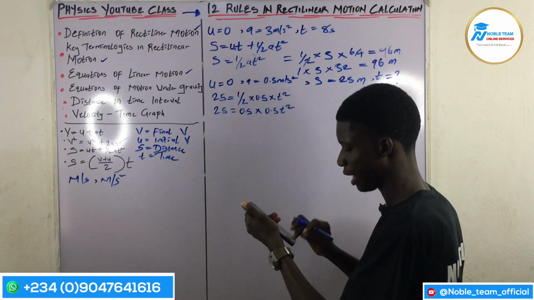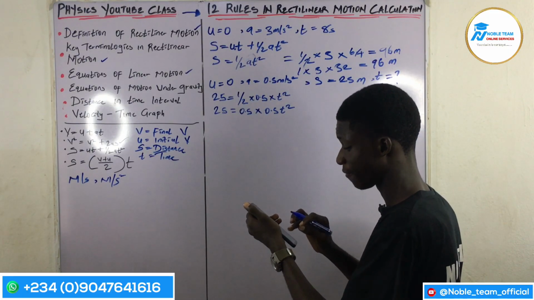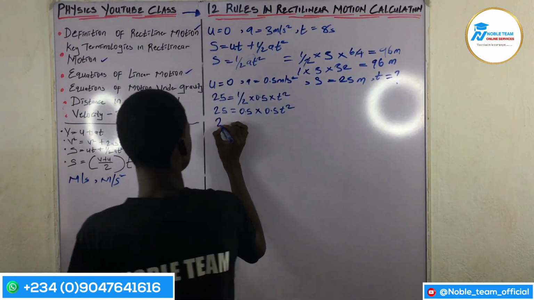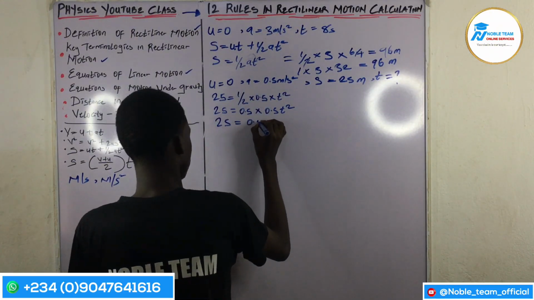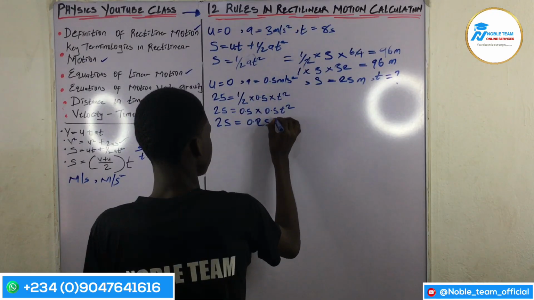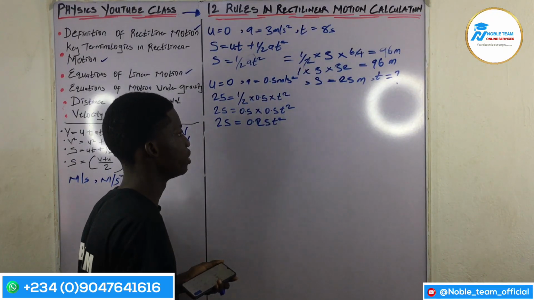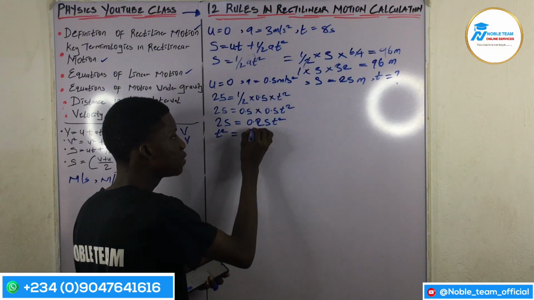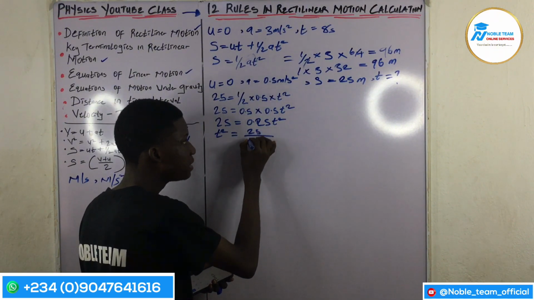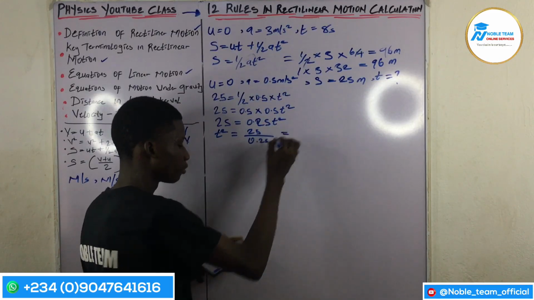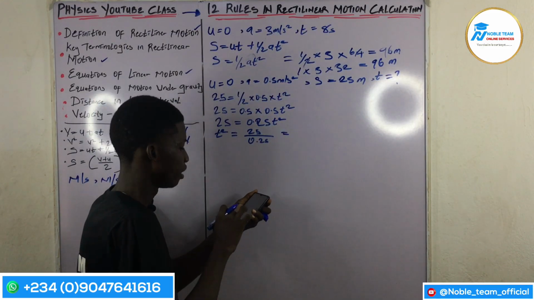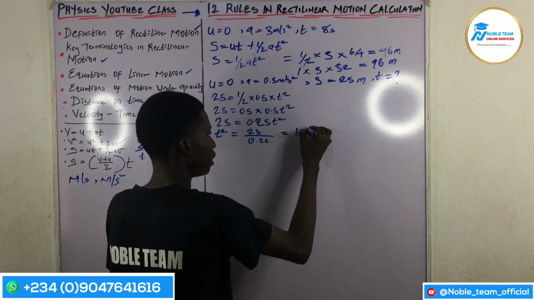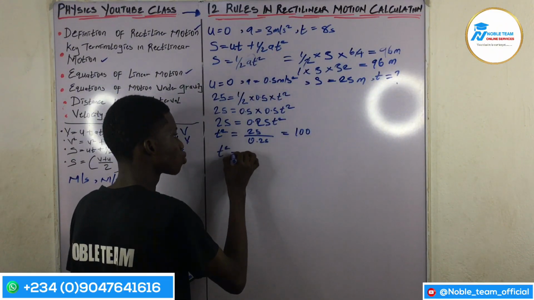Wait, let me multiply. 0.5 multiplied by 0.5 is 0.25. Then I have 25 is equal to 0.25 T squared. Now what am I going to do here? Listen. Then I have T squared is now equal to 25 divided by 0.25. I have it to be what? 100. So T squared is now equal to 100.